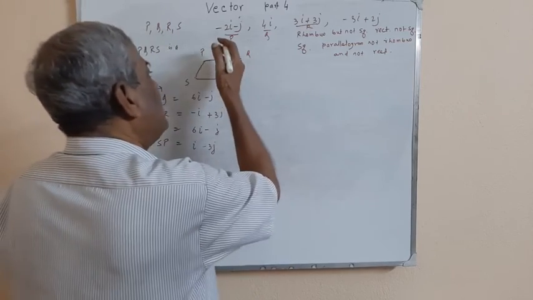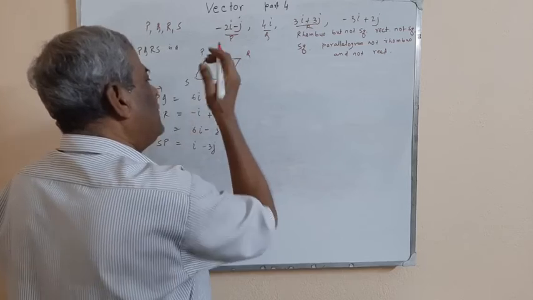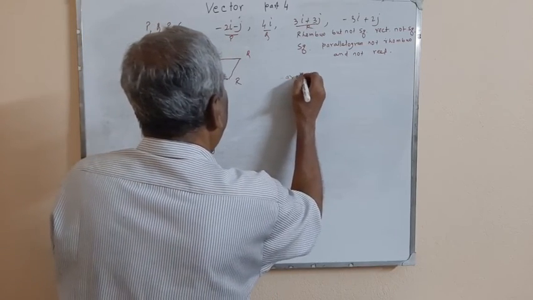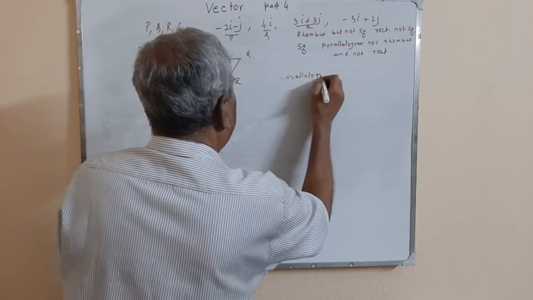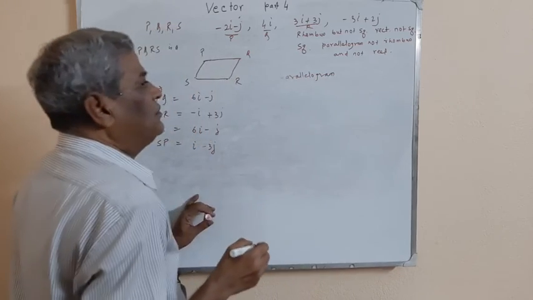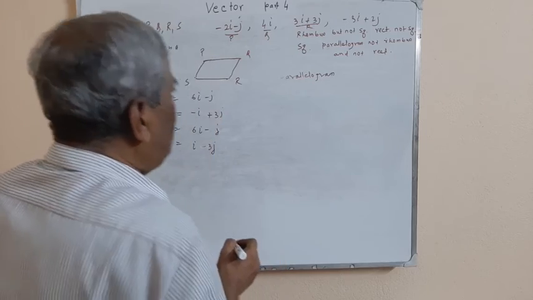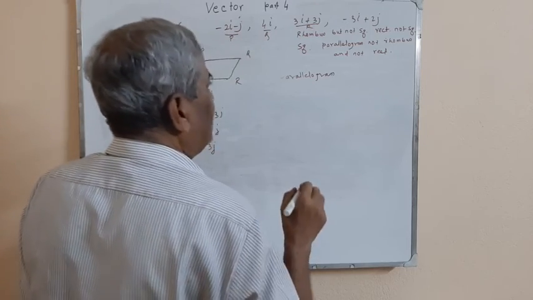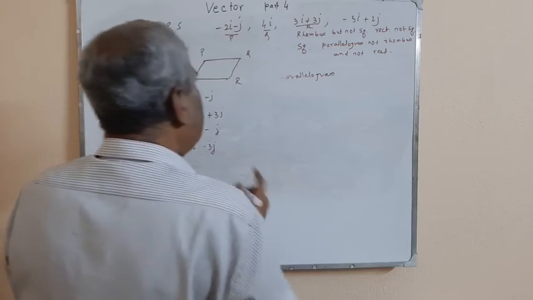So this is equal and parallel. So it is a parallelogram. Number one, parallelogram. Now we have to test whether it is a rectangle or square, rhombus, and so on.